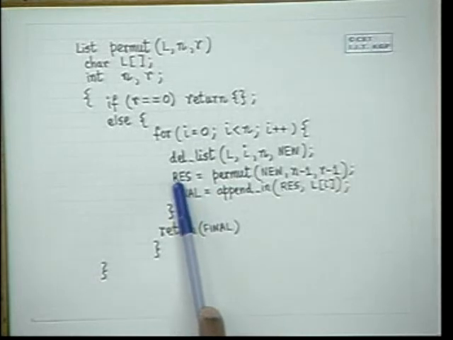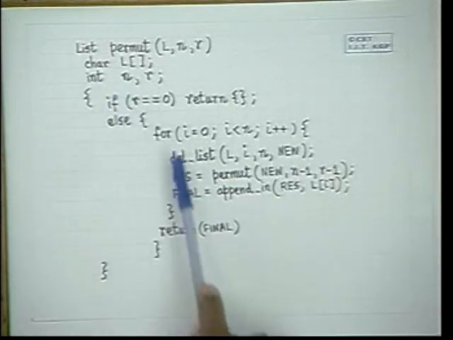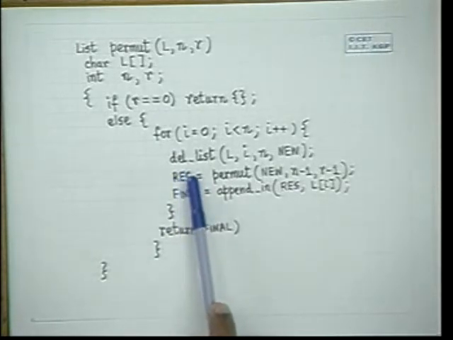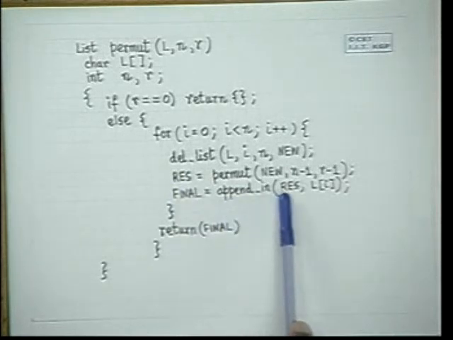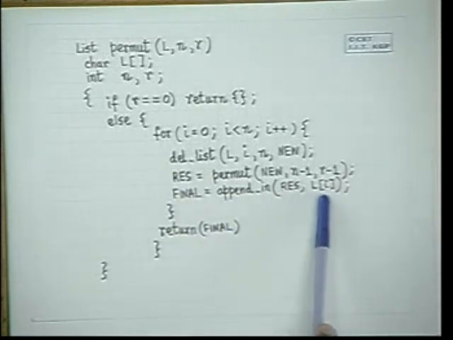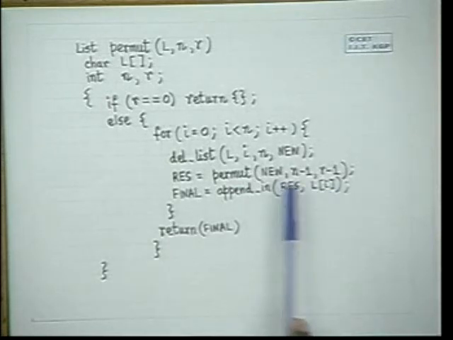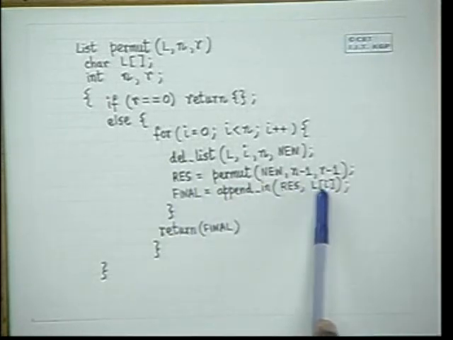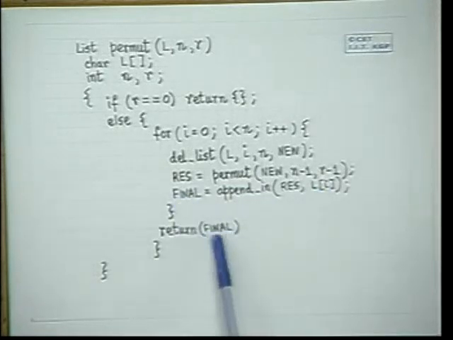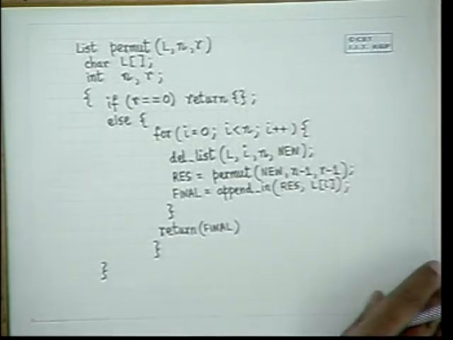And in RES, which I have not declared, but you have to declare it in a proper structure, and we still do not know how to declare this. We have to append to each and every element of RES the element L[i] in the front of it, and we will get the final permutations array, and we will return this final array. Is that okay?